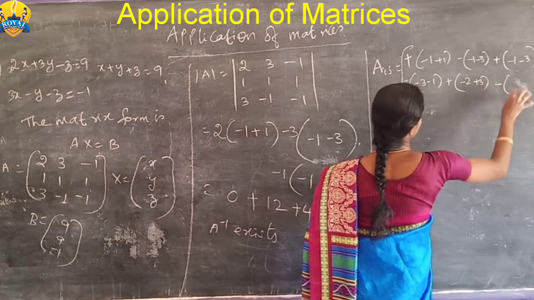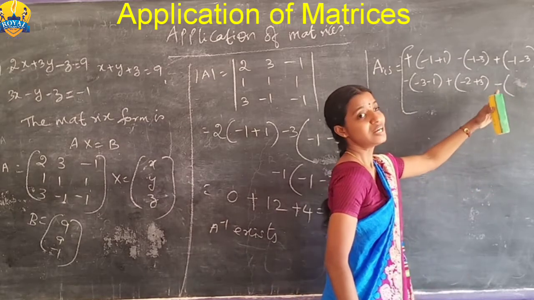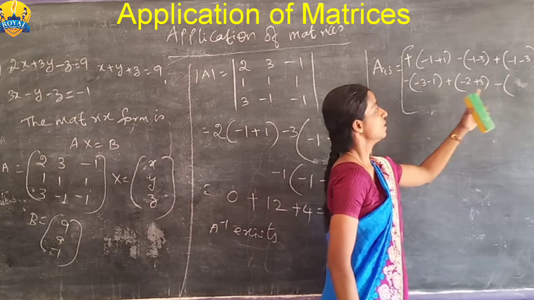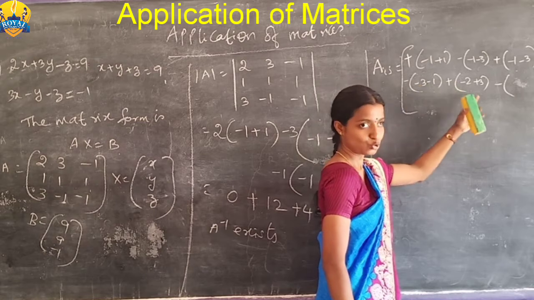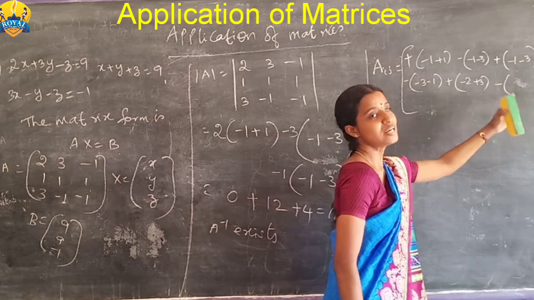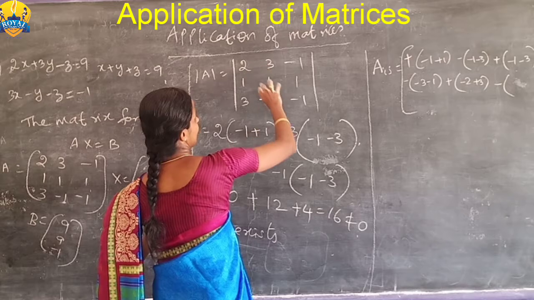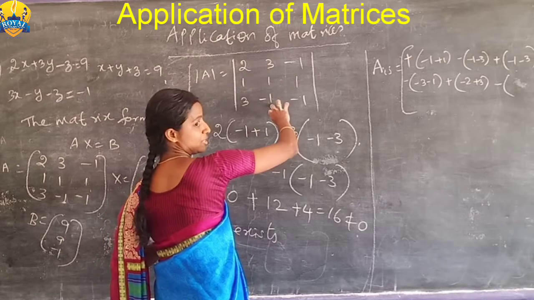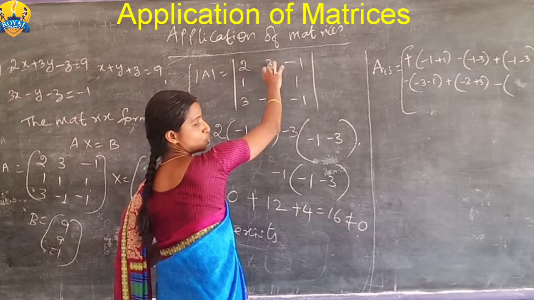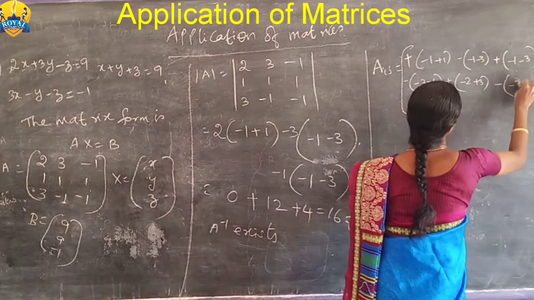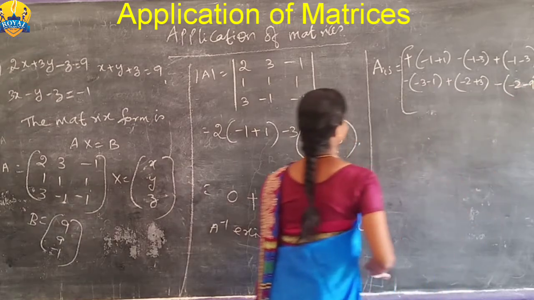Now here also negative, because here my position is A23. A21 negative, A22 positive, A23 negative. So deleting this column and this row I have minus 2, minus 2 reverse order, so minus 9. Minus 2 minus 9.